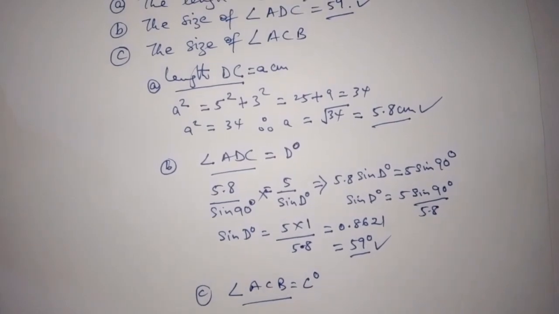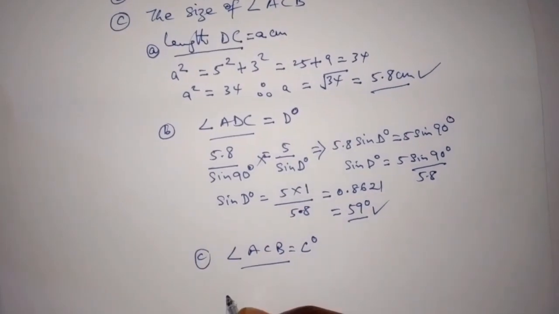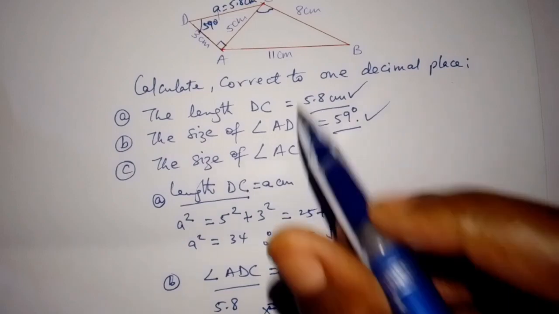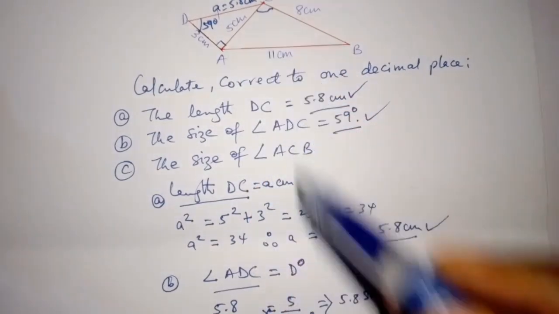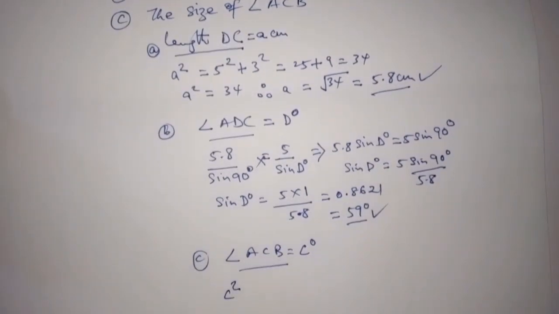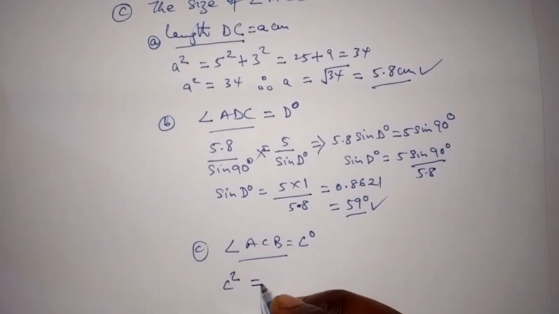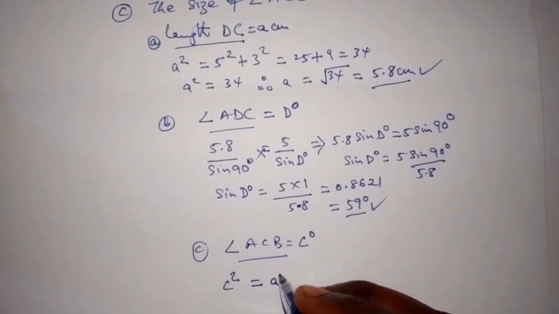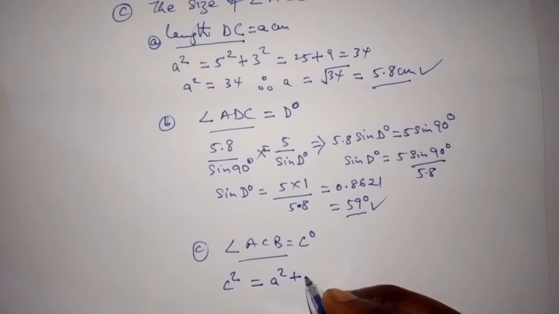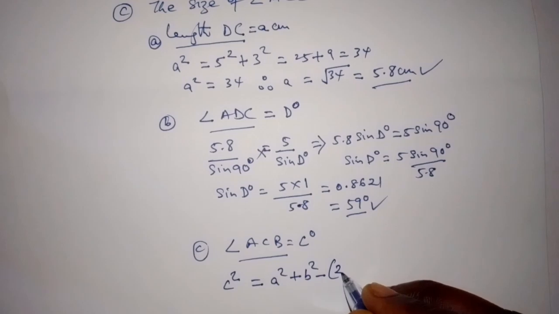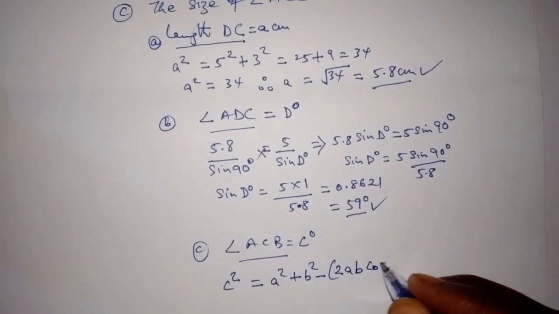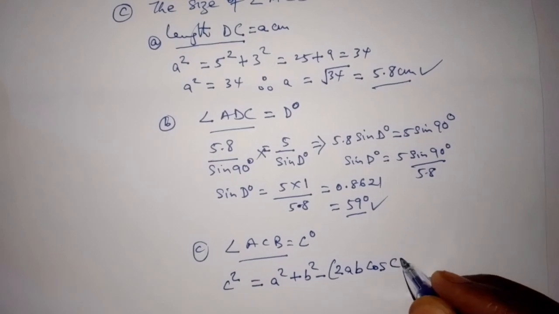So you can say that c squared, the side opposite this angle, is equal to a squared plus b squared minus 2ab cos C degrees.